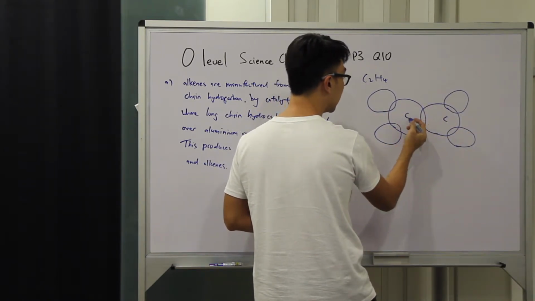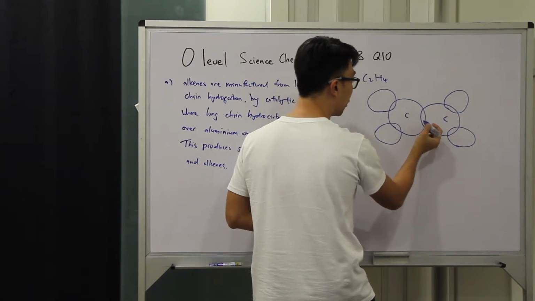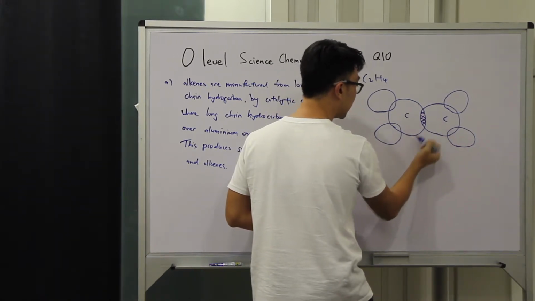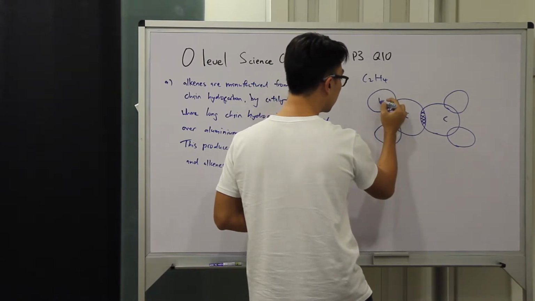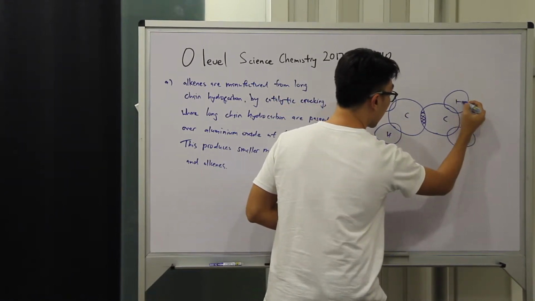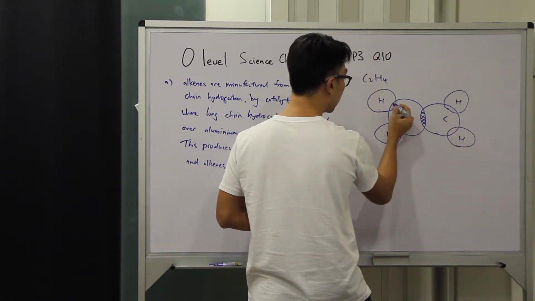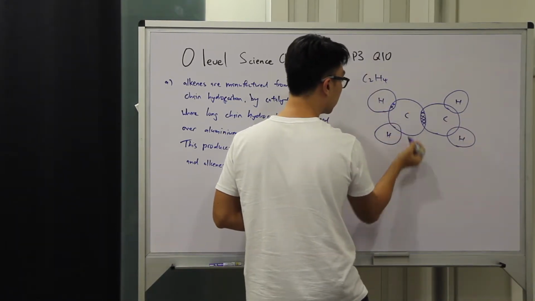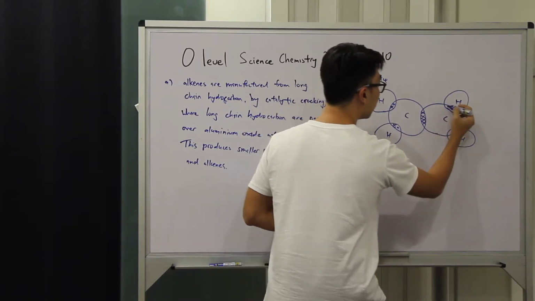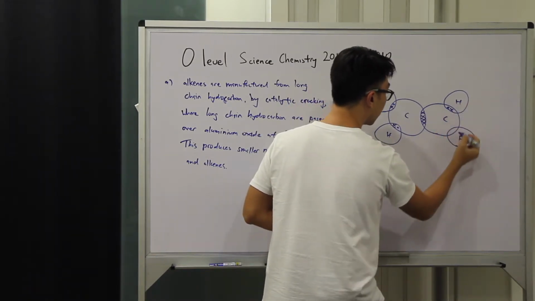So for the carbon, there's a double bond, so there will be 2 pairs of electrons in the middle, whereas the hydrogen is a pair of electrons that's being shared by the hydrogen and the carbon.